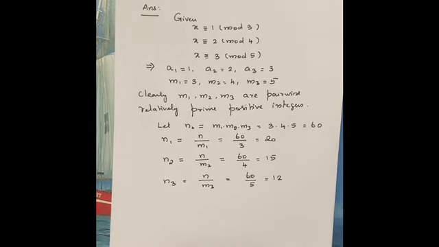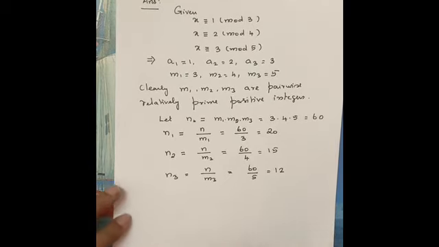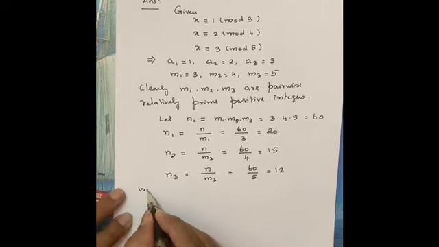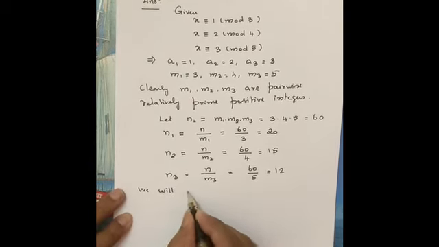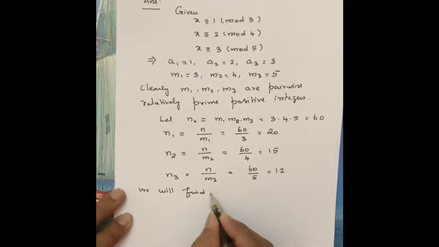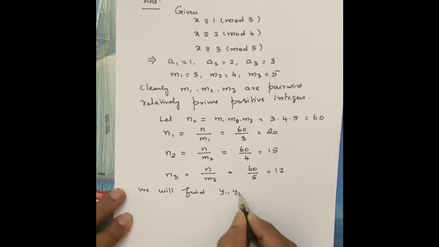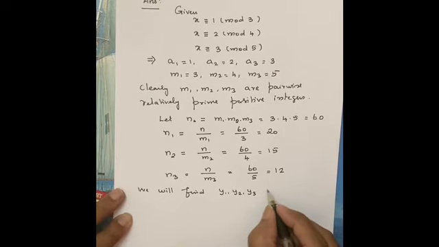So now we are finding the y1, y2, y3 values which satisfy the congruences. What is the aim now? We will find y1, y2, y3 from the congruences.